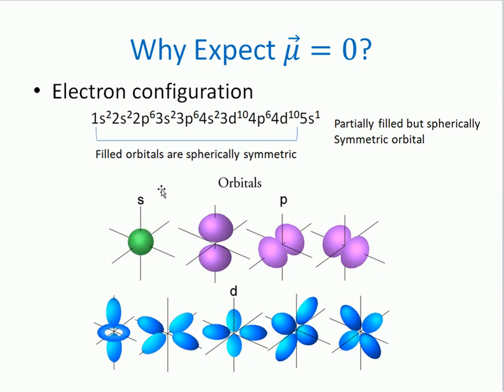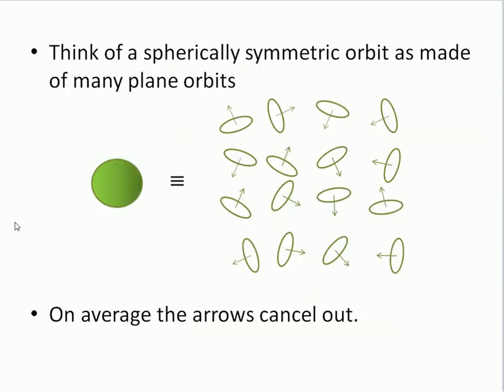Okay, so here are the s, p, and d orbitals showing the probabilities of where you'd find your electrons. Okay. So why is this guy spherically symmetric, and what is it about spherically symmetric that leads to mu equals 0? Well, think of a spherically symmetric orbit, like this shell of an orbital for the s orbital, and think of it as the electron going around many different ways, right?